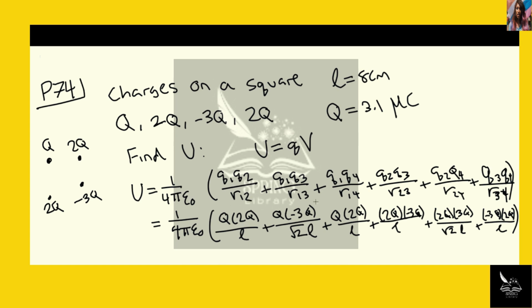We have a Q squared in every single one of these terms, so we can pull it out. Let's go to a different page and finish this up. So pulling a Q squared out, we have Q squared over 4 pi epsilon naught. When all is said and done, we end up with 8 over root 2.